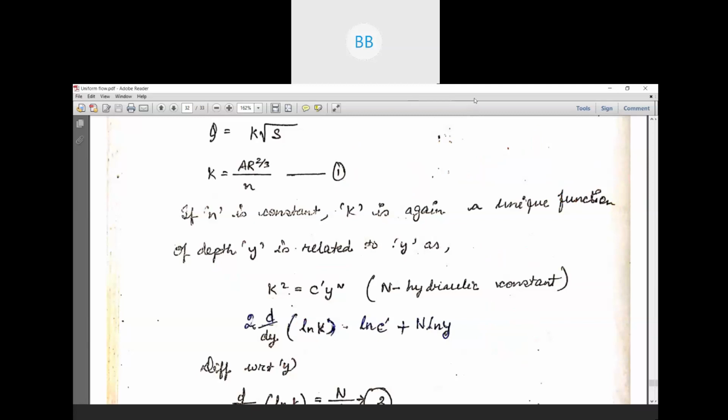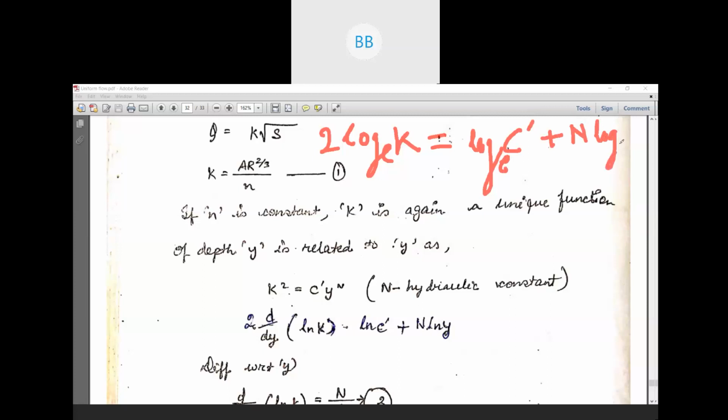Then you differentiate. We write here again, C dash plus n log e y.